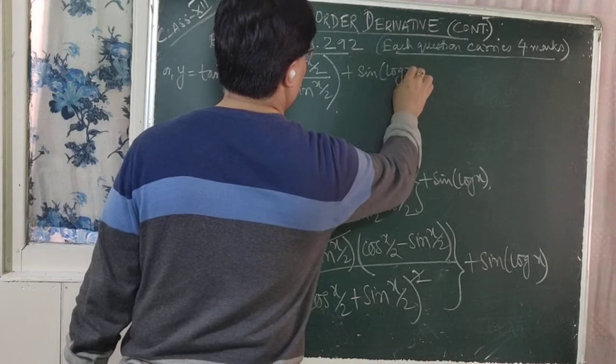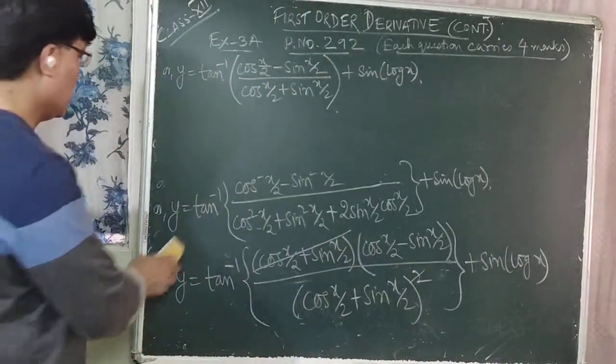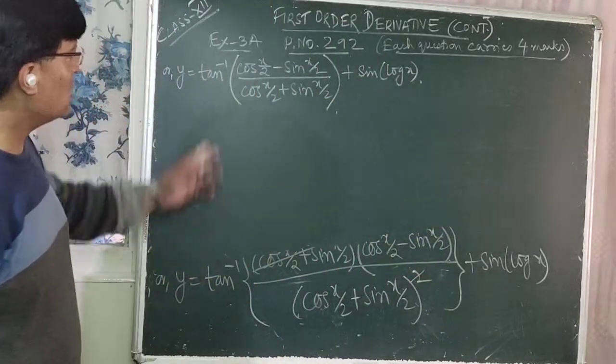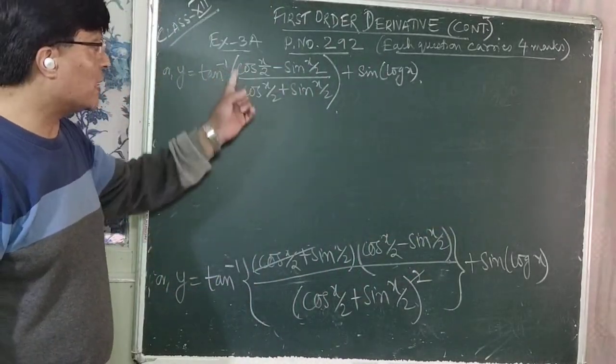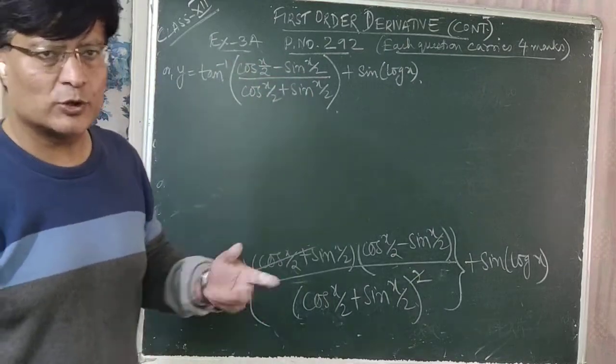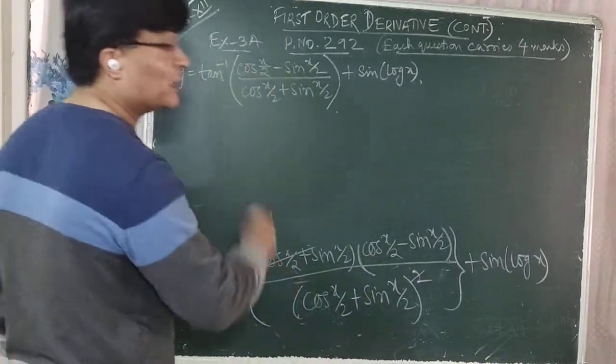Okay. So now what will you do now? Since this is your tan inverse, you should write it in terms of tan, because you should get here the tan inverse tan x form, so that you can write only x, but you won't get tan x here. You will get different terms here.